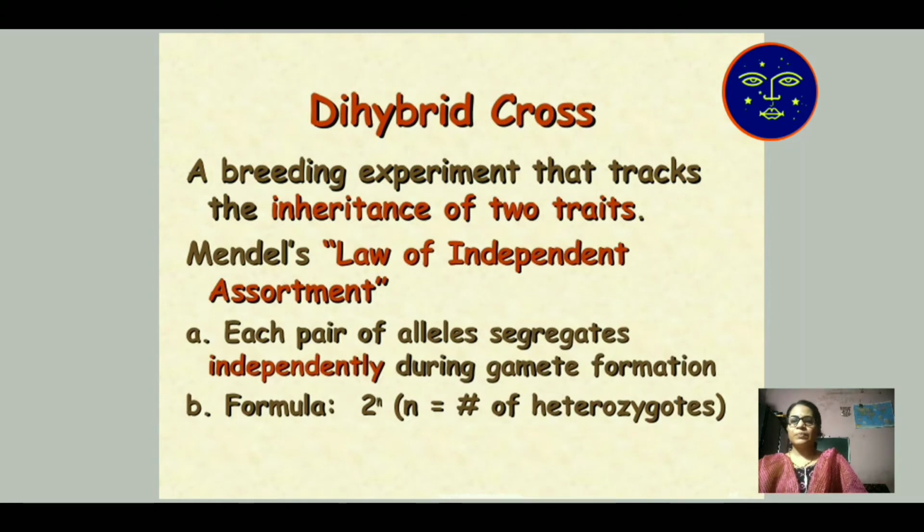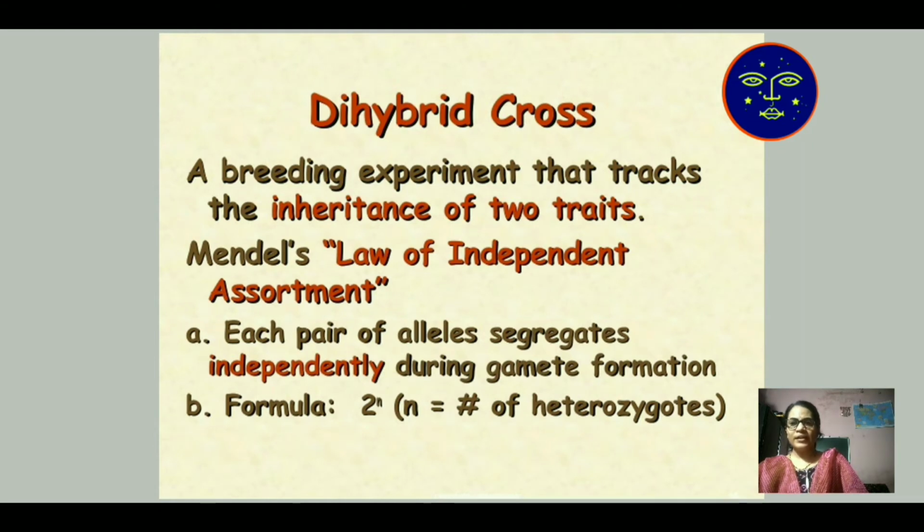It is a breeding experiment that tracks the inheritance of two traits, meaning two different characters. In the monohybrid cross, Mendel took only a single character, that is plant height, capital T for tall and small t for short. But here Mendel chose two characters simultaneously. So this is known as a dihybrid cross.